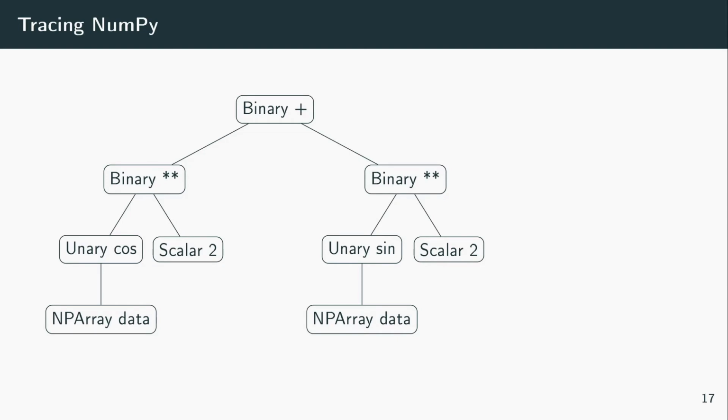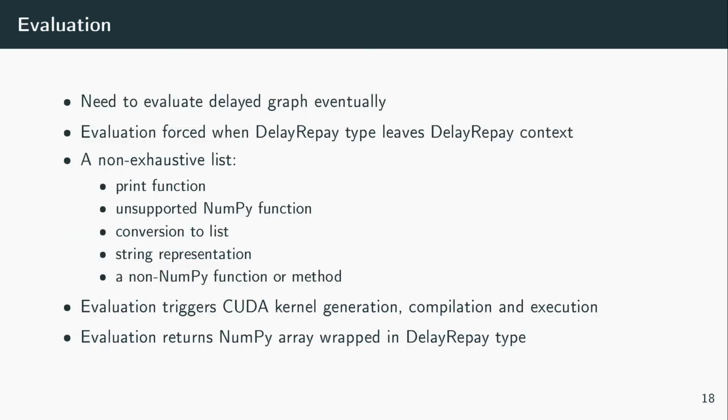In order for this to be useful, we need to eventually evaluate a delayed graph. Evaluation is forced when a DelayRepay type leaves the DelayRepay context. Here's a non-exhaustive list of when this can happen: a print function, unsupported NumPy function, conversion to a list, getting a string representation, a non-NumPy function or method, or a comparison function.